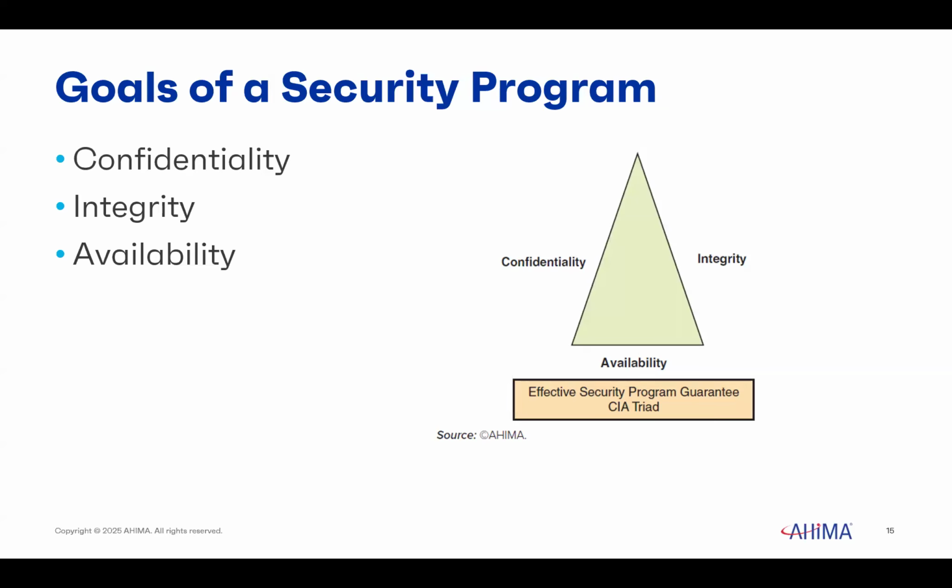So if we said we're not going to allow anybody to have any remote access, that's probably increasing our confidentiality and perhaps our integrity, but it's coming at the expense of the availability. So we have to kind of balance these types of things. We could increase availability by giving remote access to everybody, but then we're probably compromising confidentiality and integrity. So as you can see, it's a fine line.